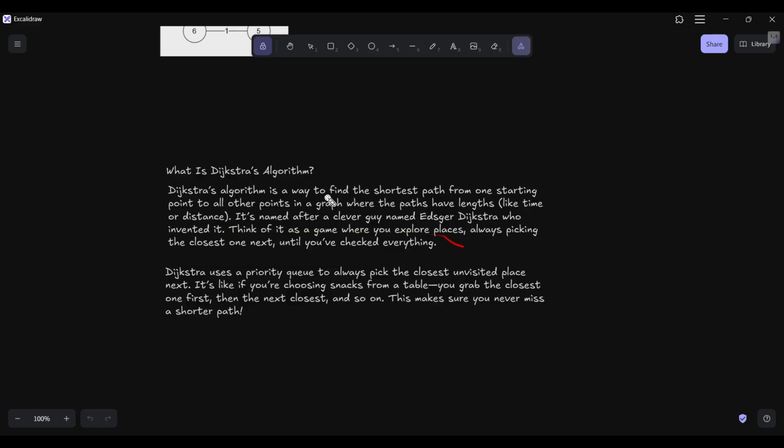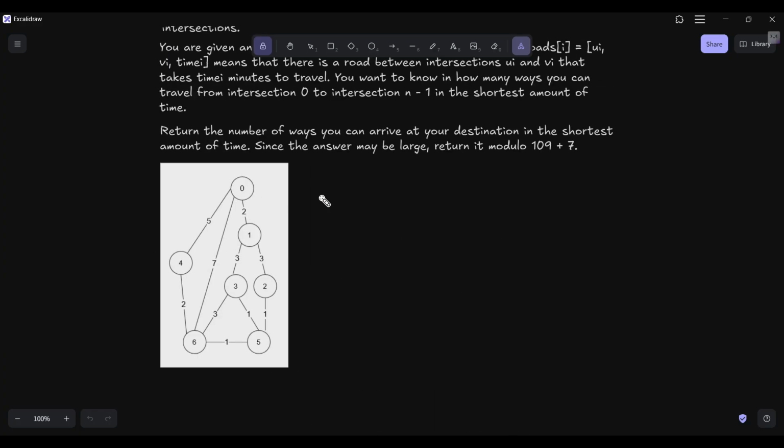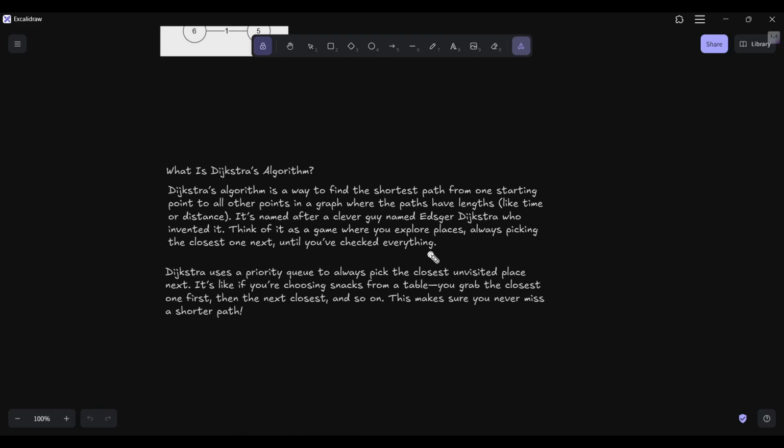We can think of it like a game to explore places, like we play games in childhood. We always try to find the shortest path to explore the places, or we try to use the closest one. It's the same thing. And how does it work? It uses a priority queue, like a minimum heap or maximum heap, to always pick the closest.